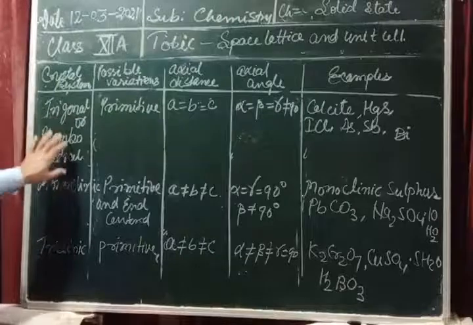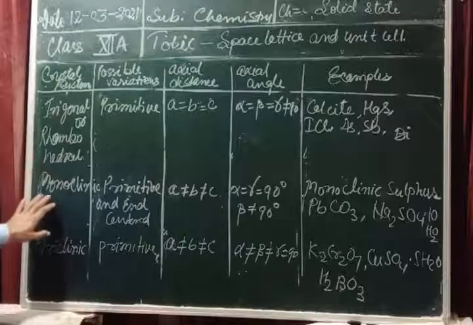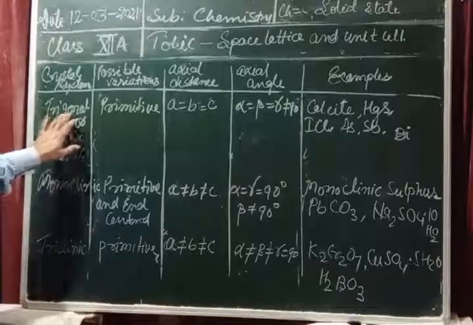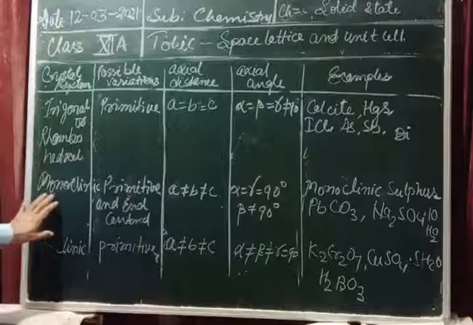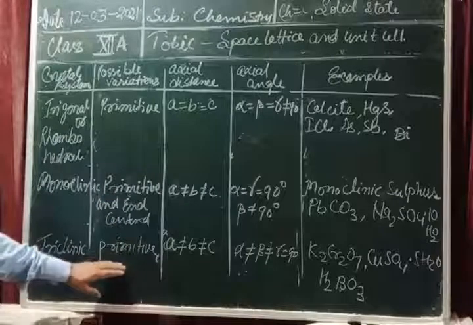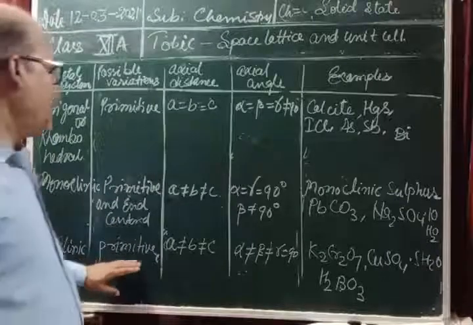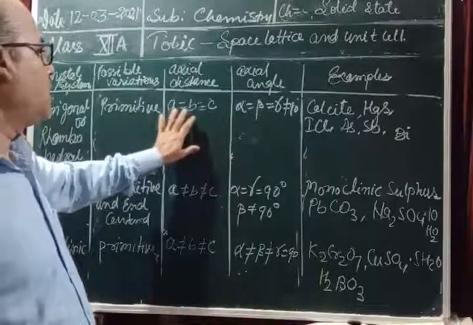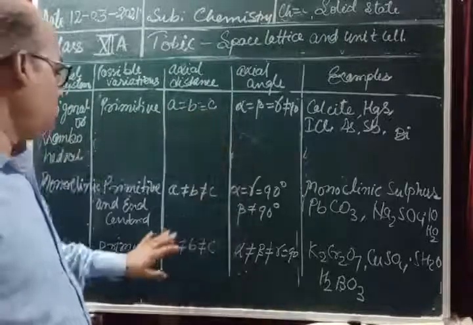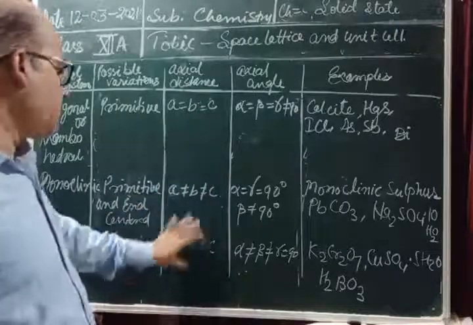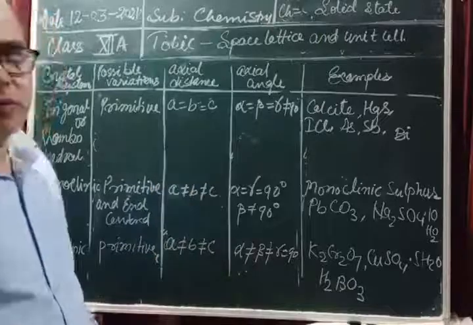One is the trigonal or rhombohedral, monoclinic and triclinic. In trigonal there is primitive only, in monoclinic primitive and end centered, but in triclinic there is primitive only. Axial distance in trigonal is equal, A is equal to B is equal to C, but in case of these two, monoclinic and triclinic, these distances are not equal.